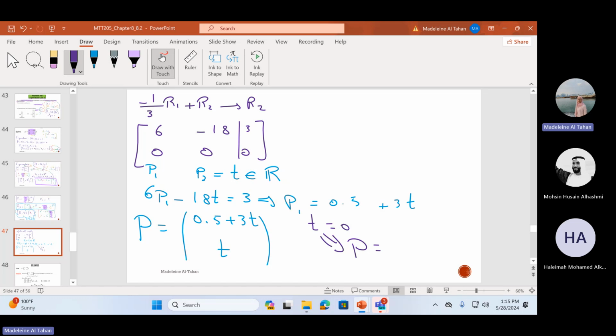It means that P is 0.5 and 0. If you want to take T equal 1, you will get 3.5 and 1. So this is our P now. Here we substitute. This will be the final answer.